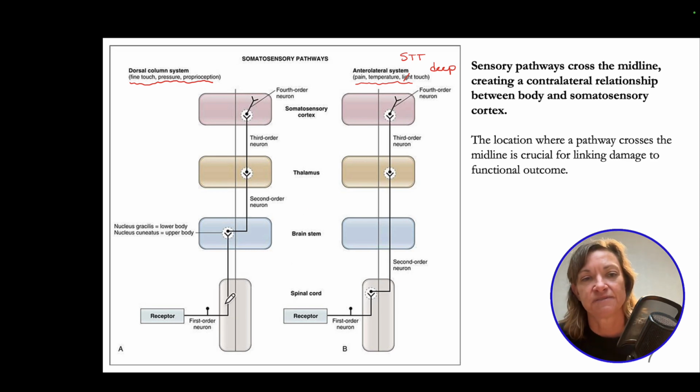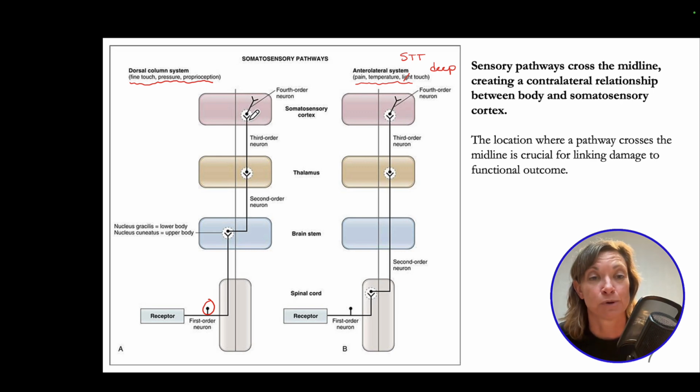Both of these systems follow a similar schematic. So they start at a first order neuron. There's a receptor in the periphery, a first order sensory neuron in the dorsal root ganglia, in the peripheral nervous system, a second order neuron that ascends to the thalamus, and from the thalamus, a third order neuron that ascends to the somatosensory cortex.